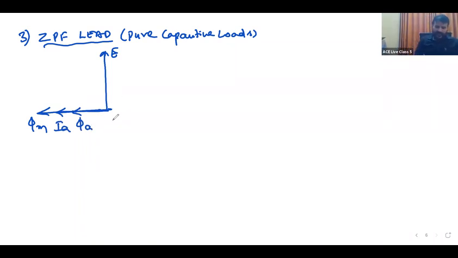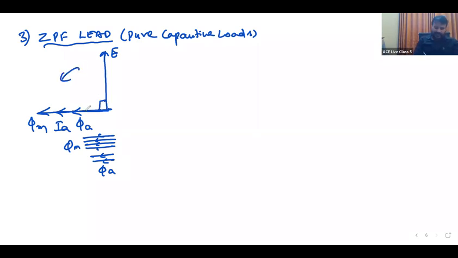Now, the two fluxes are aiding. If this is the main field flux phi M, the armature flux is also in the same direction. Both are in the same phase, both are aiding. The phasors are rotating.